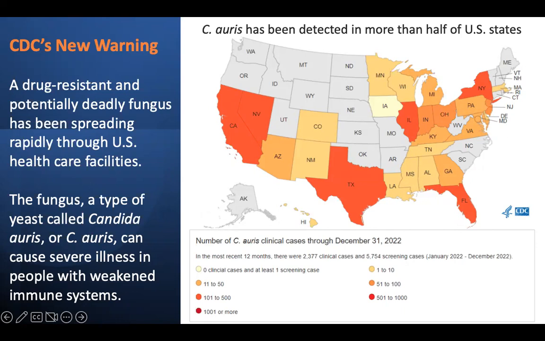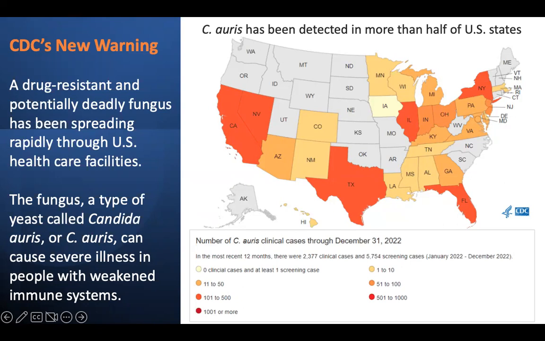The fungus generally can be found on the skin and throughout the body. According to the CDC, most times they are not a threat to healthy people, but this newly found strain of fungi can cause death in one third of the people who become sick. This strain is called Candida auris.